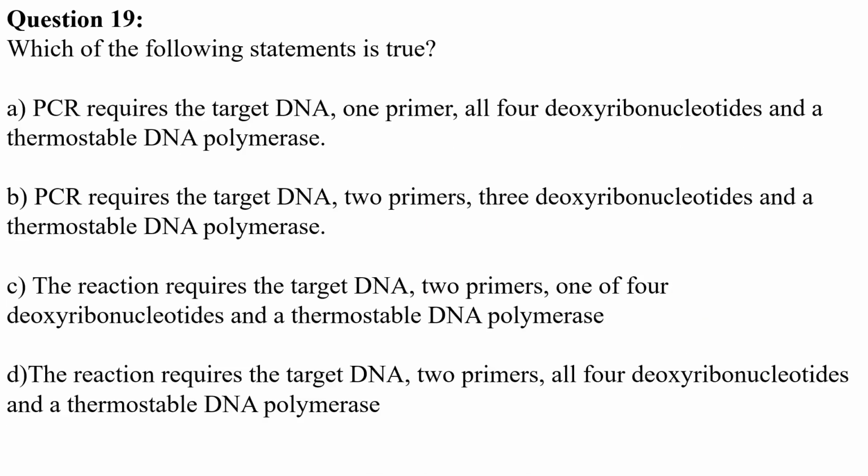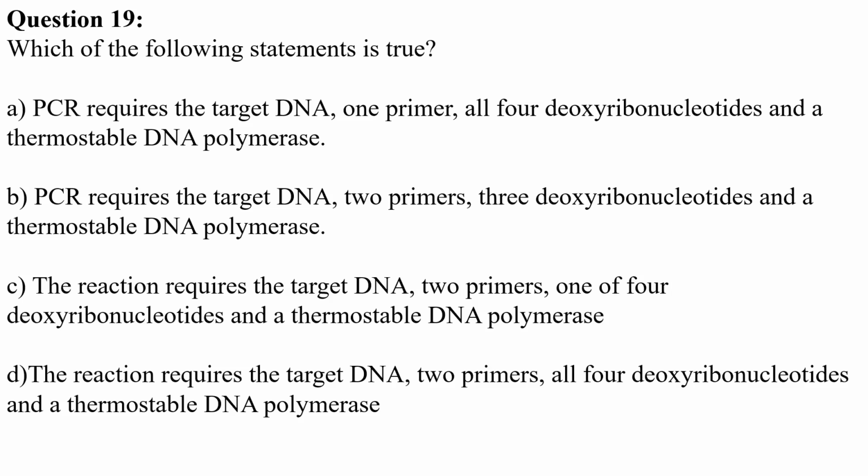Okay, moving on to the next question now. Which of the following statements is true? Option A, PCR requires the target DNA, one primer, all four deoxyribonucleotides and a thermostable DNA polymerase.